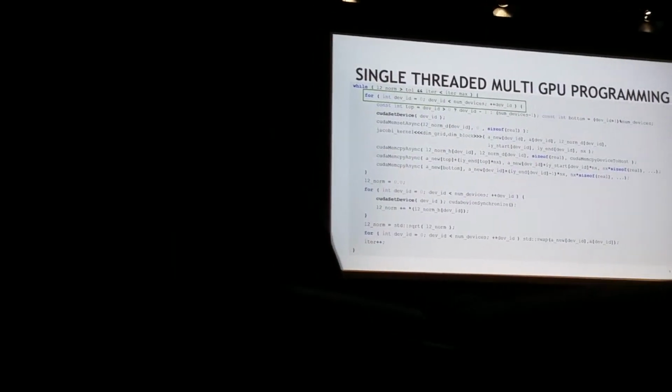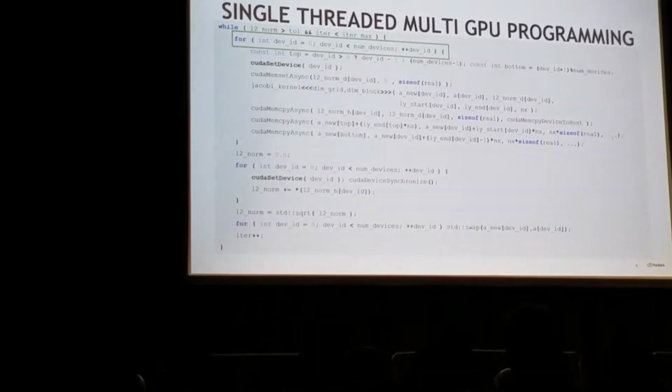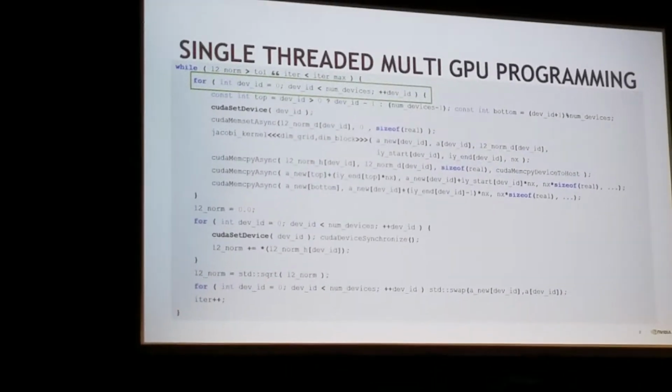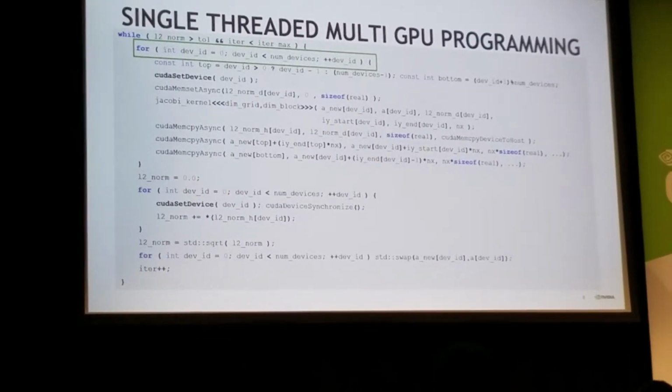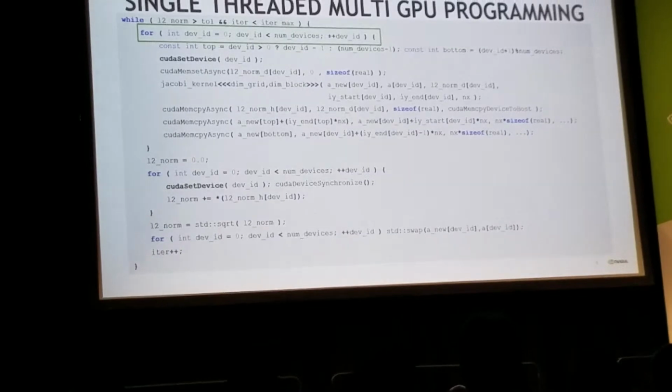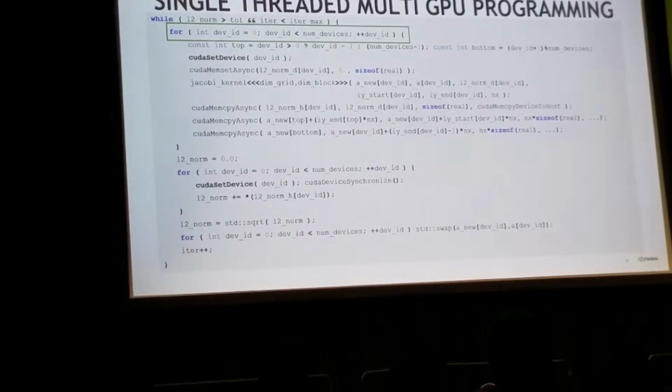We compute the top and bottom neighbor for that device: if the device ID is larger than 0, the top neighbor is just my device ID minus 1. If my device ID is smaller than the number of devices minus 1, the bottom neighbor is just my device ID plus 1, and otherwise I wrap around with this modulo operation.